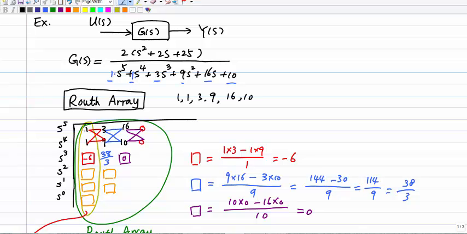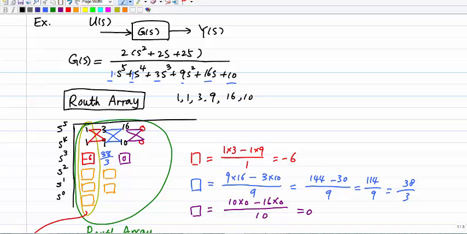So we put 1 and 1 in the first two rows. Start with the corner, 1, then go down, 1, then go to the right, 3 and 9, then 16 and 10. Of course, you can also put a 0 if needed.